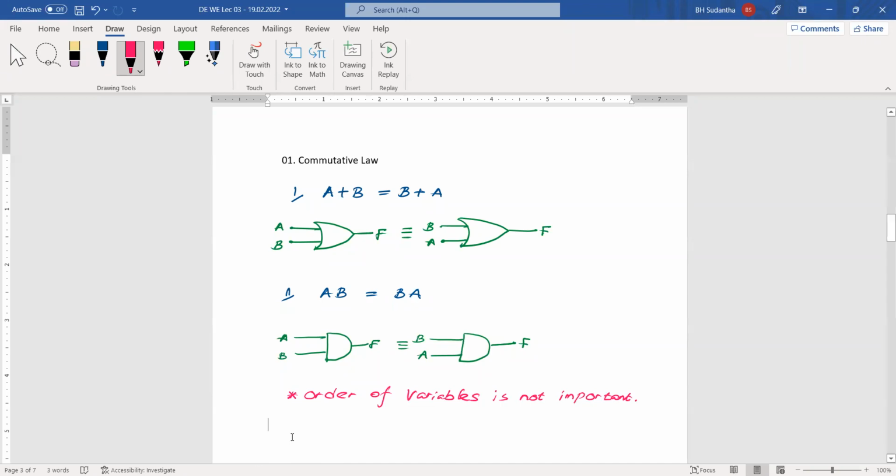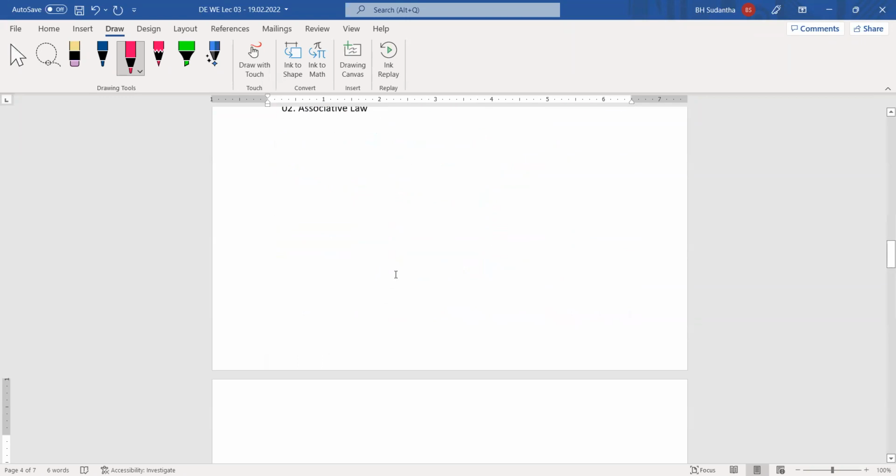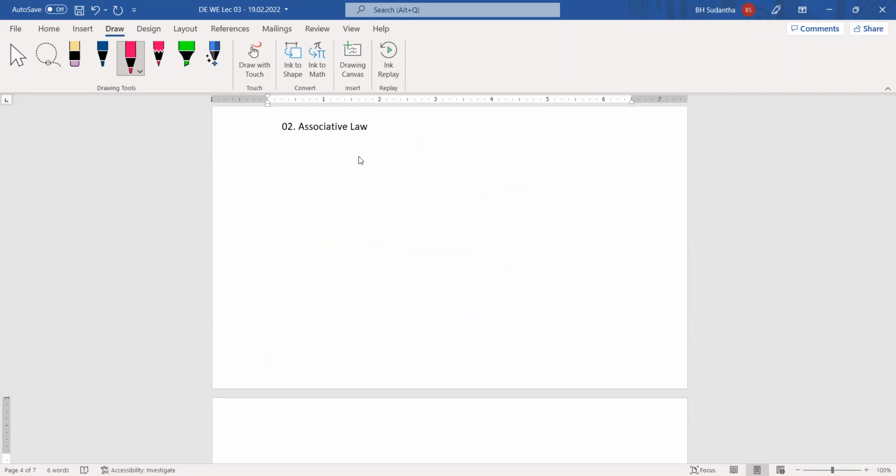Okay. The second one, associative law. It says that if you take this operation, it is almost the same if you do it like this.